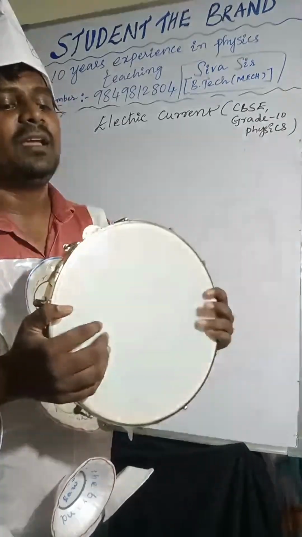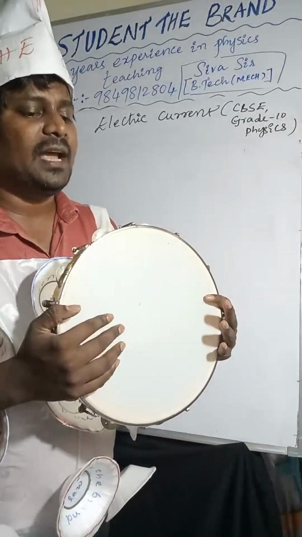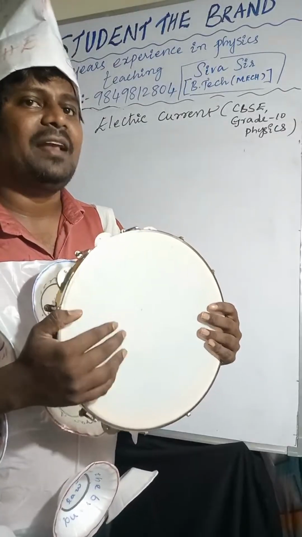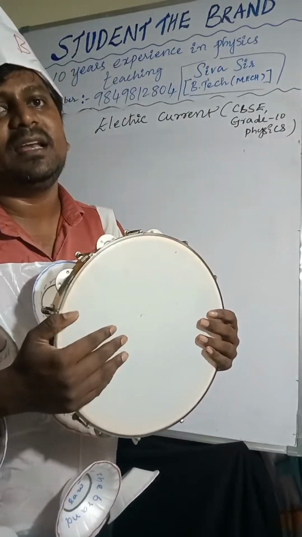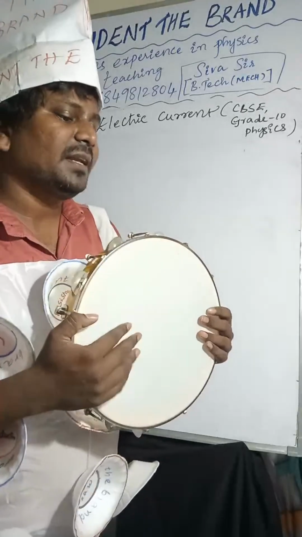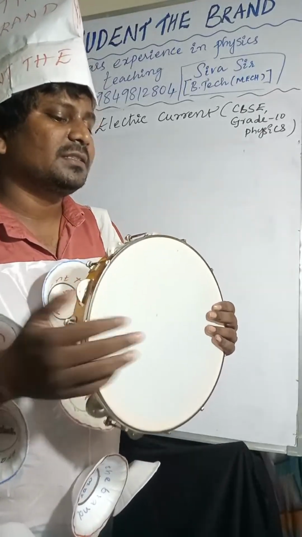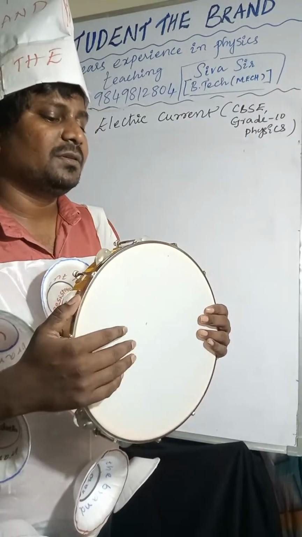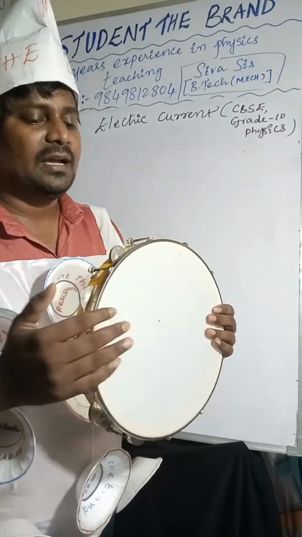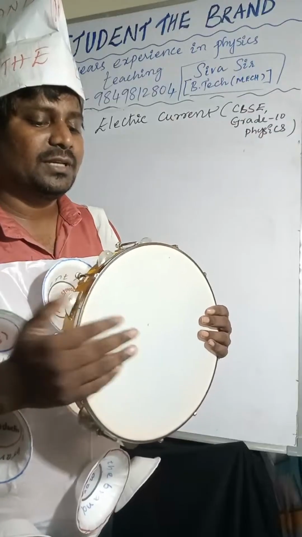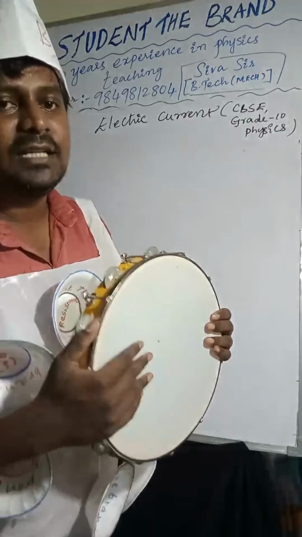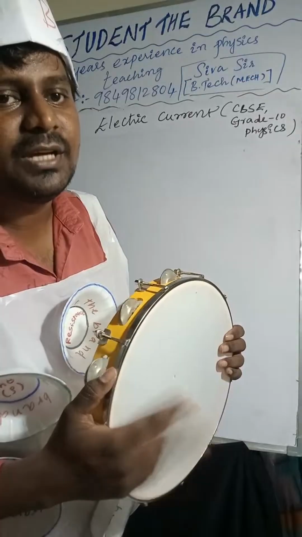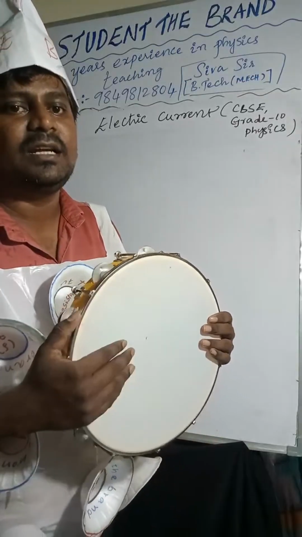New Cartesian sign convention. All distances are measured from the pole. Distance positive along the incident ray.